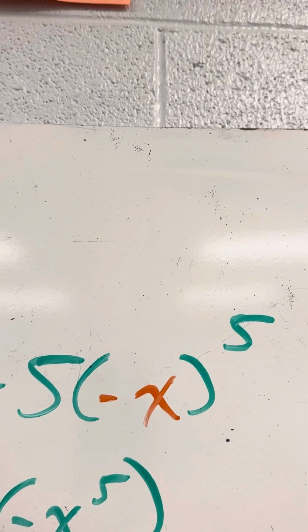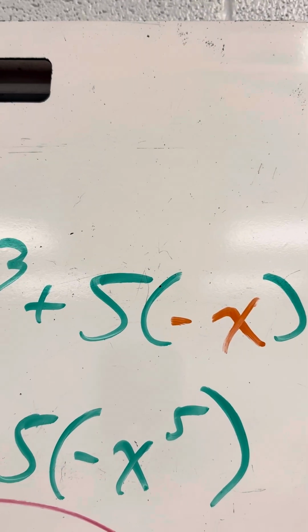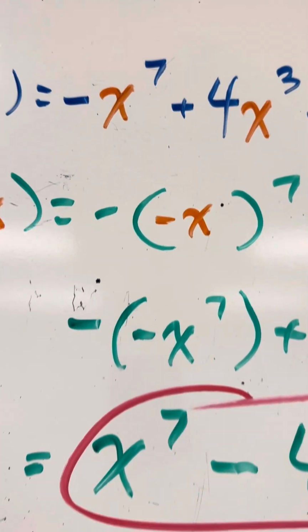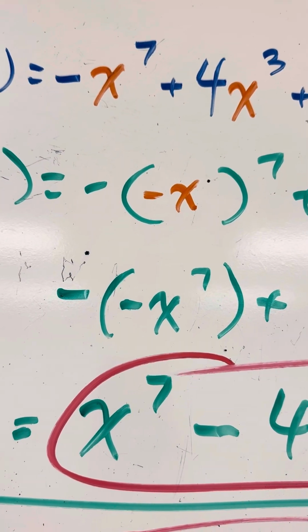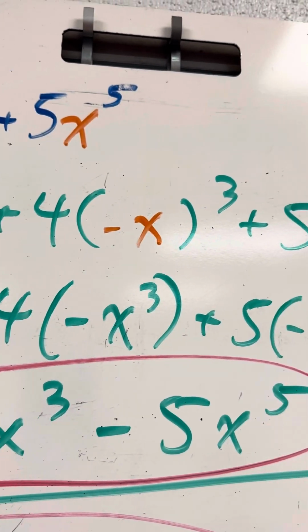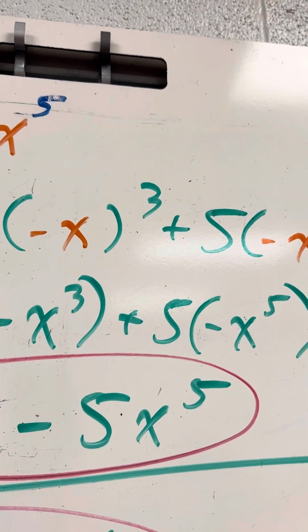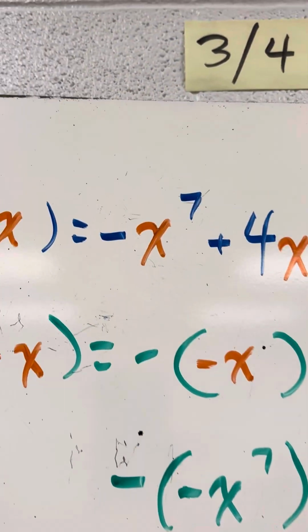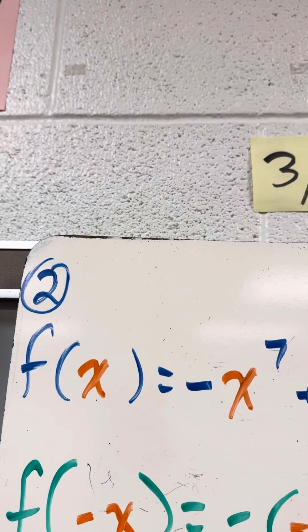Negative x to the 5th power will be negative x to the 5th power. So you wind up with negative makes positive x to the 7th, minus 4x to the 3rd, minus 5x to the 5th. So now that's the opposite of f of x.